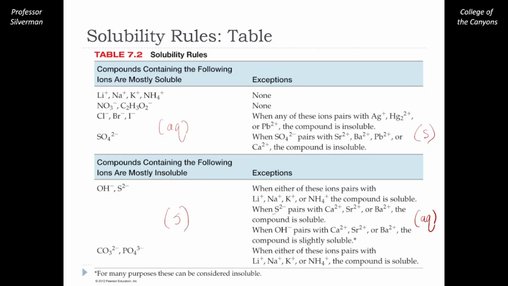This is how we like to read this chart. The top left are things that are soluble, aqueous, but double check on the right that we don't have one of those exceptions. If we have something at the bottom left, these are insoluble or solid, but double check that we don't have something on the bottom right, then it would be aqueous.